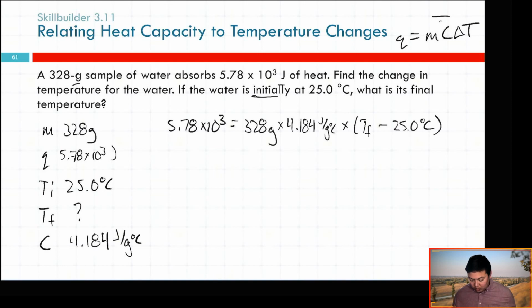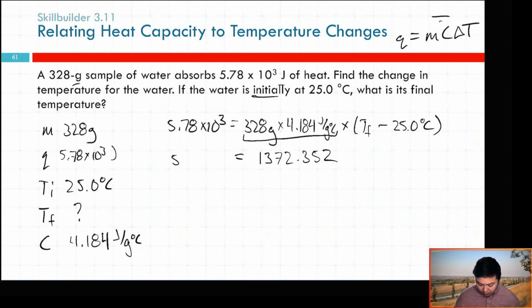So a little bit more algebra involved here. Not going to get too hairy, because we'll tackle these guys first. 328 times 4.184 is going to give us 1372.352.